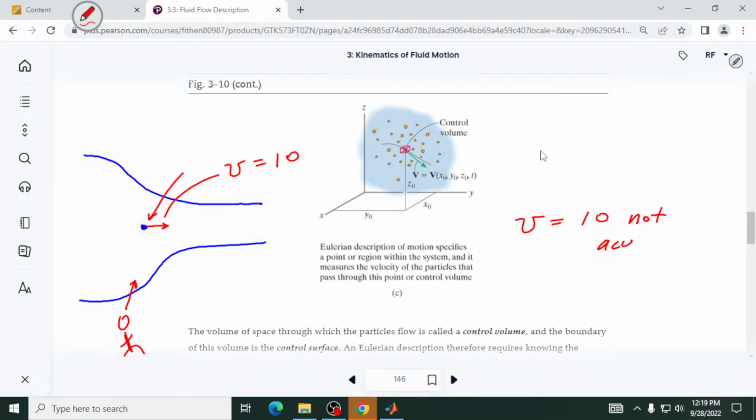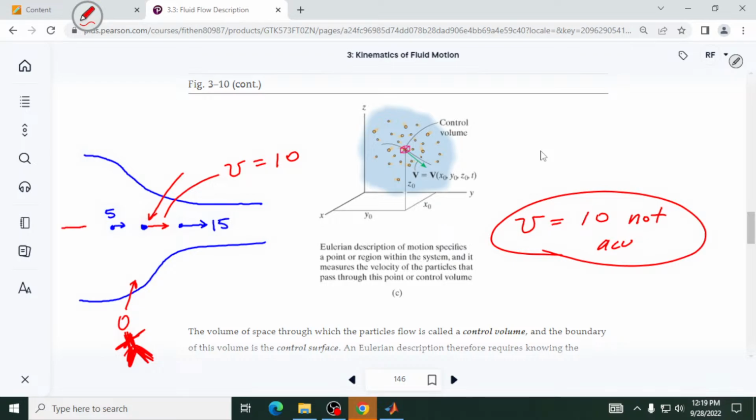But you were staring at it, and because you were staring at it, you thought it was not accelerating, but you didn't look around it. So what you find out back here and back here, up here maybe it's 15, and I'm just making this up, but maybe it's 5 right back here. The other person is tracking it. So he's saying, okay, it was 5 here, it sped up to 10, and then it sped up to 15.